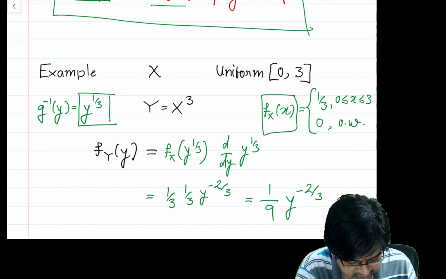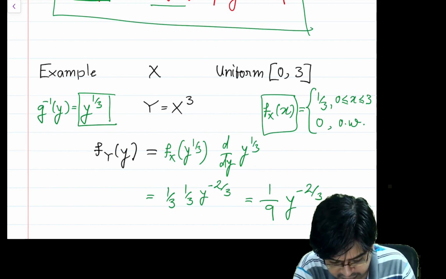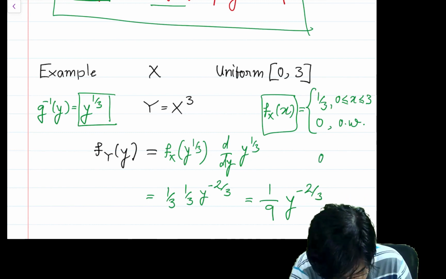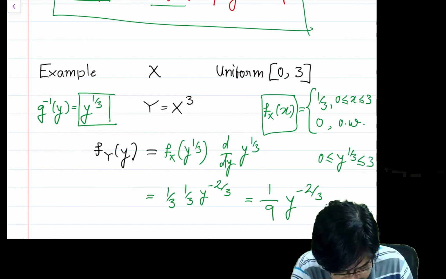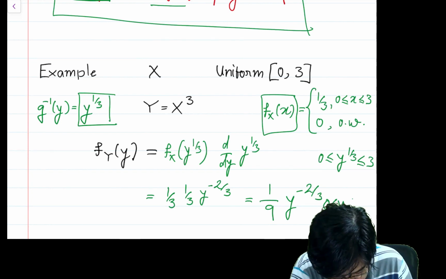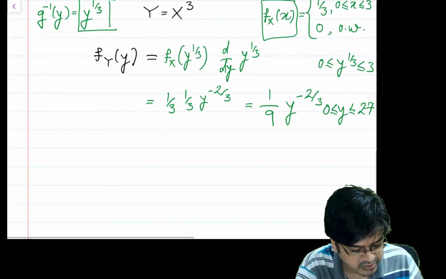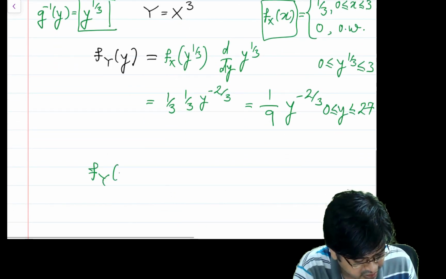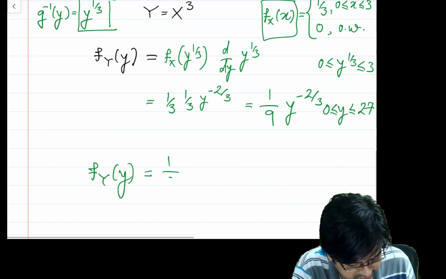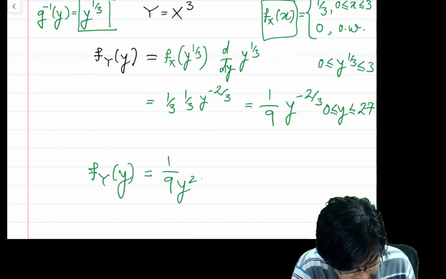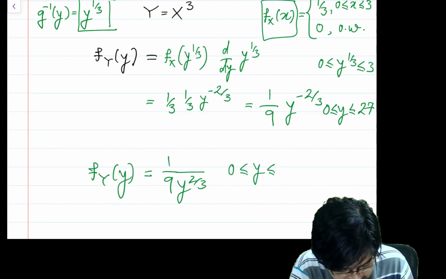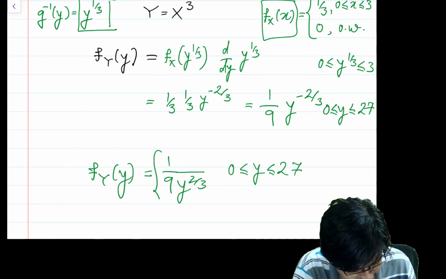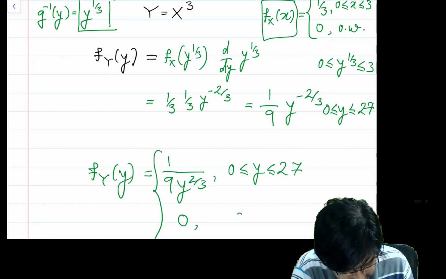Now what is the range of y? That's what you have to figure out. So x was varying from 0 to 3, so 0 less than or equal to y raised to 1 by 3 less than or equal to 3. That gives me 0 less than or equal to y less than or equal to 3 cube, that is 27. Okay, so my final answer is f_Y(y) equal to 1 by 9 y raised to 2 by 3 in the denominator, for 0 less than or equal to y less than or equal to 27, and 0 otherwise.